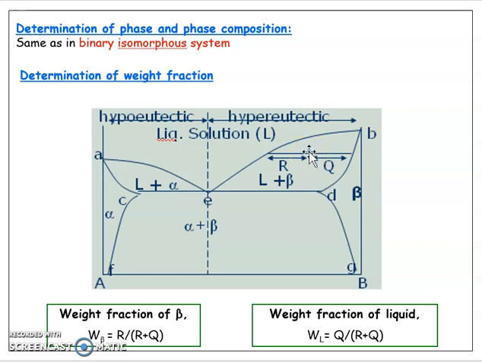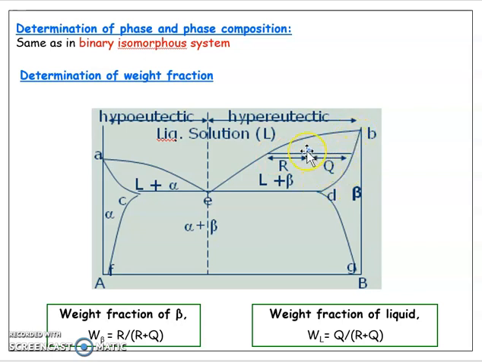What you have to do is make a tie line that connects this point to the liquidus line, and the other side connects to the solidus line.